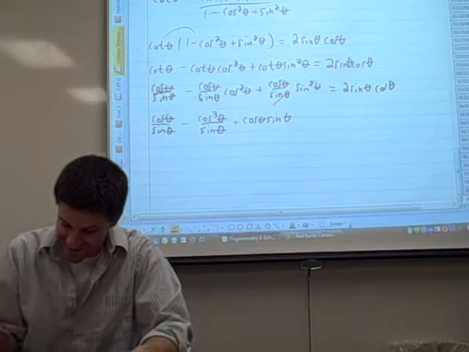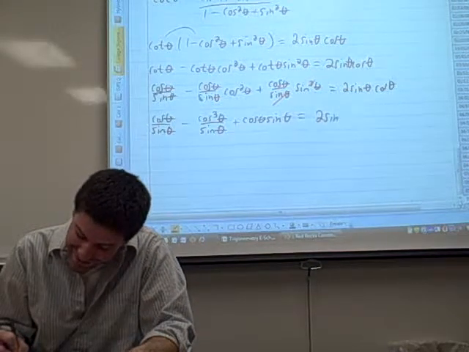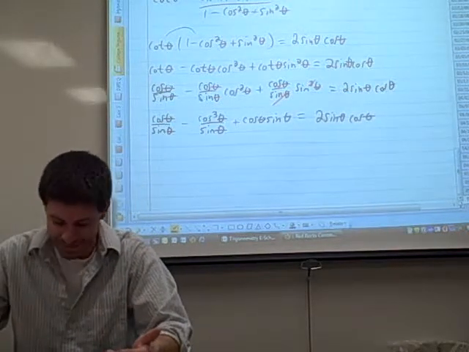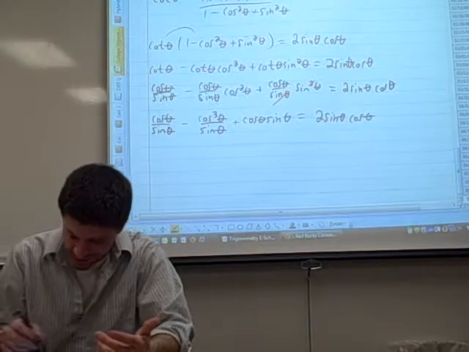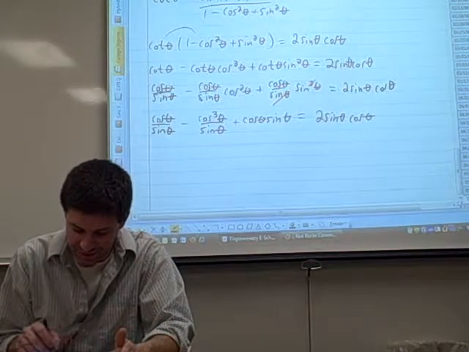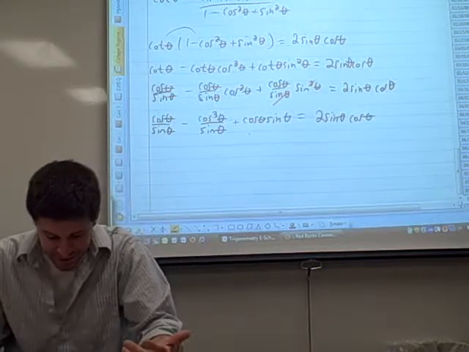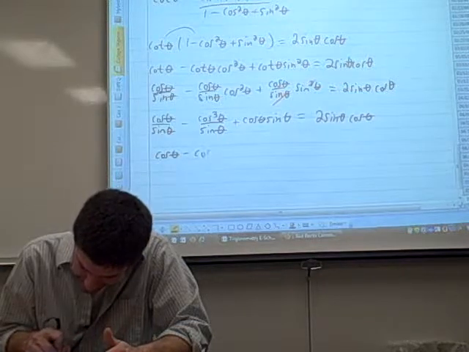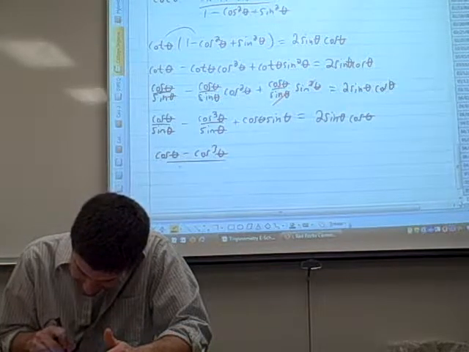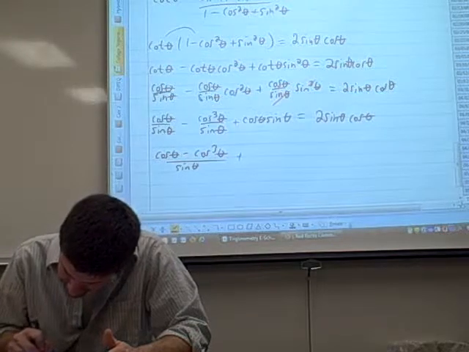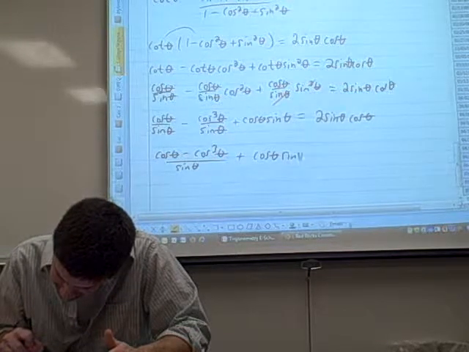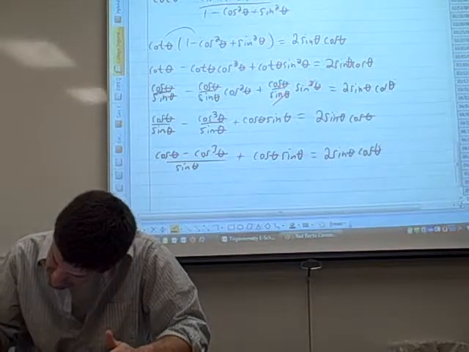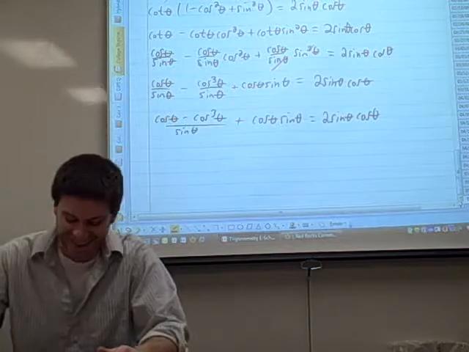Okay, so as you can see, while we haven't done anything illegal, this has kind of taken up some time, but let's just keep it going. I'm noticing that these two terms both have a sine in the denominator, so I'm going to combine those numerators. We're going in circles here.